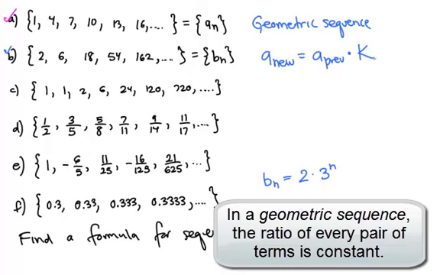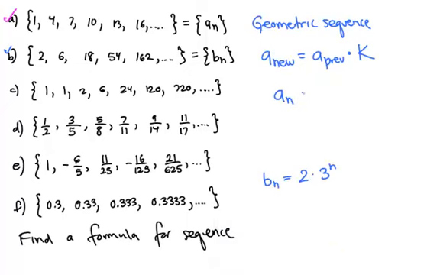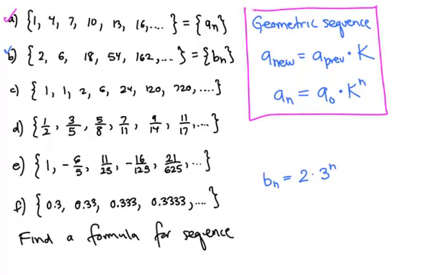And just like the example down below, to get the formula for the nth term of a geometric sequence, well, you start off with A0, and then you keep multiplying by k raised to bigger and bigger powers. So every geometric sequence has a fairly nice formula. And arithmetic and geometric sequences, they pop up quite a bit. So we've got the second one taken care of. Let's move on down to the next sequence.